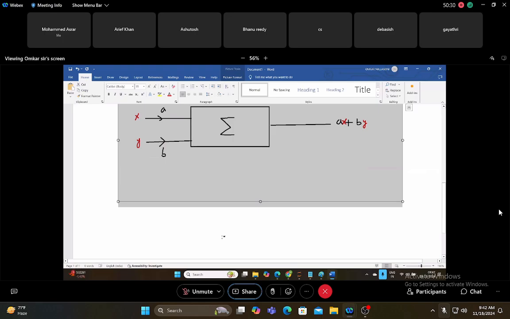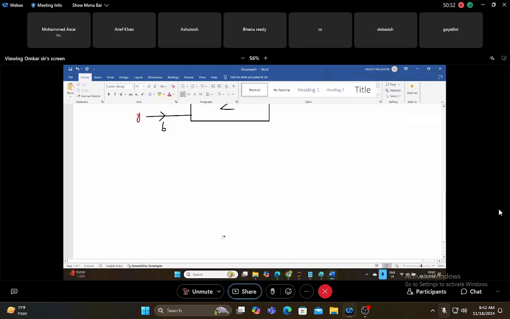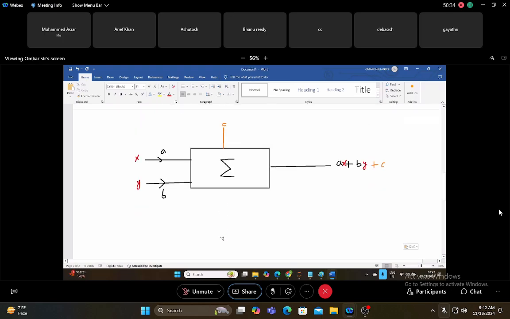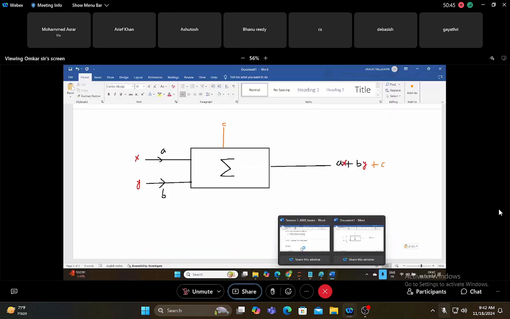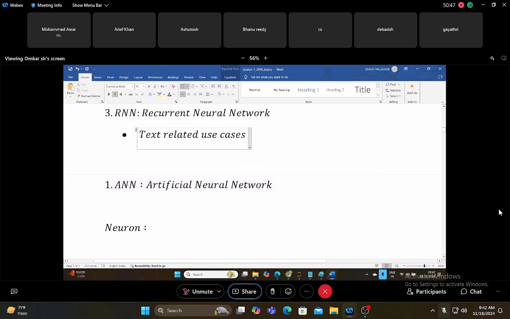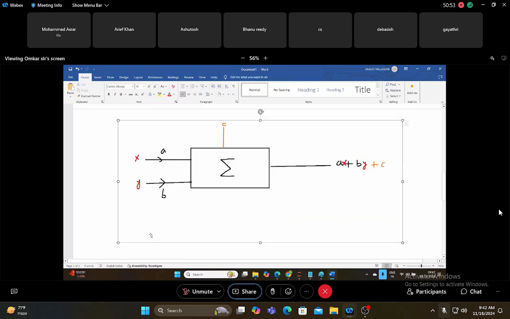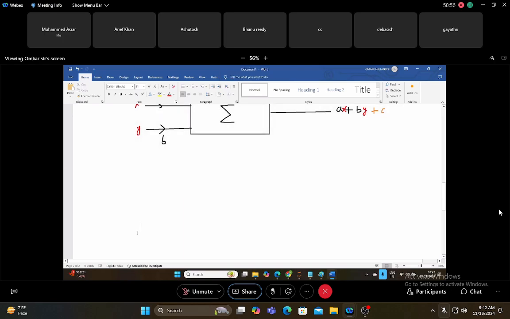Now you need to use your common sense. You need to show me logistic regression in this graphical way. What is the logistic regression formula?